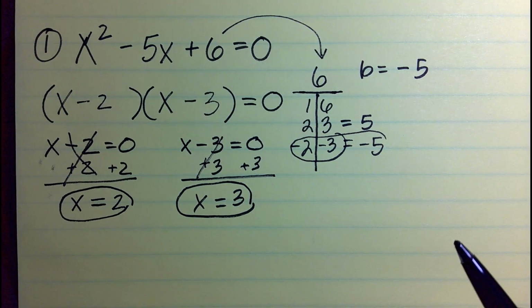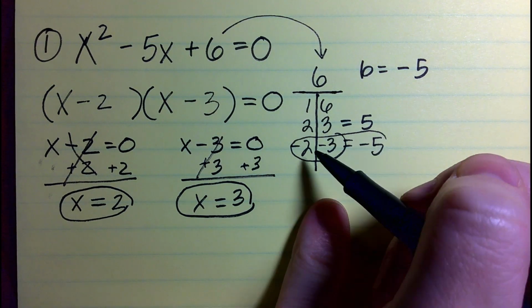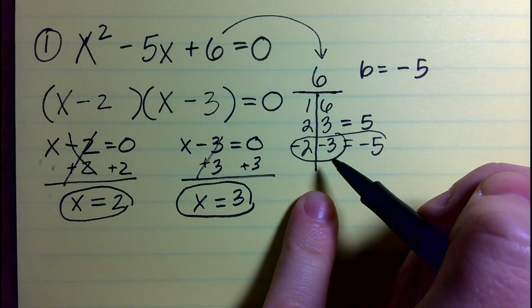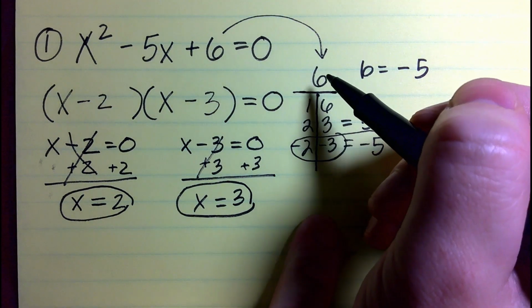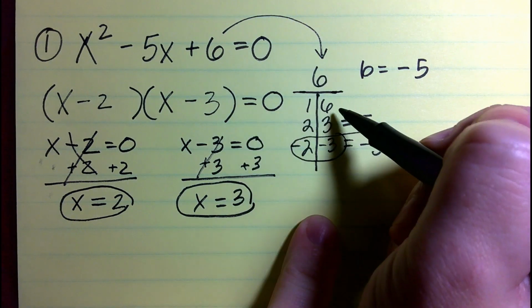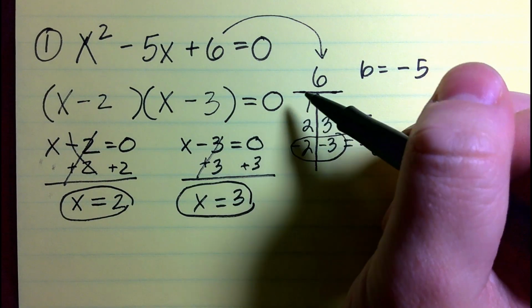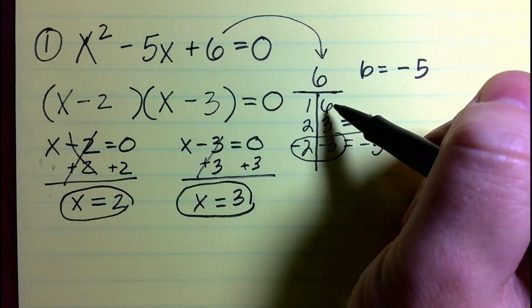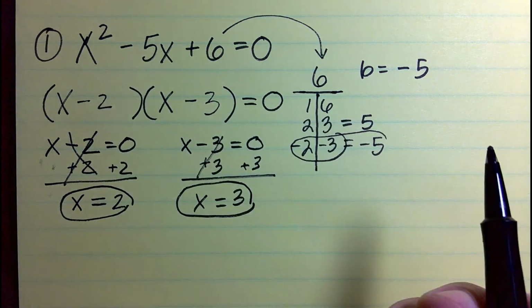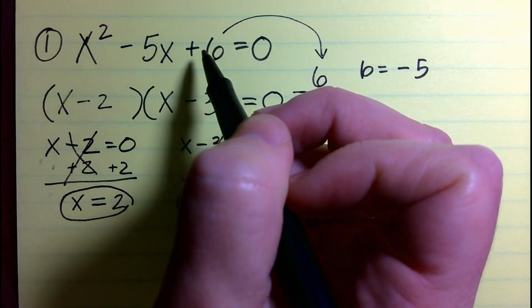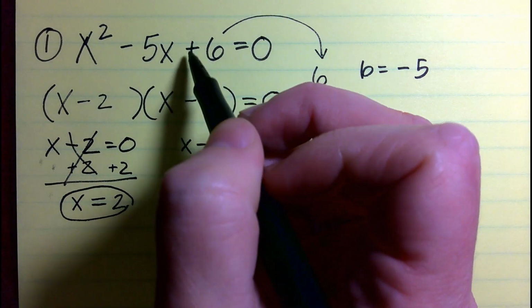Okay, good. So we have to make sure, first of all, that the numbers we're choosing are still factors of C. If I tried 1 and 6 and I think, oh, that's going to make 7. But if I do minus 6 and positive 1, that will give me negative 5x, but it's going to give me minus 6. And I need it to stay plus 6.